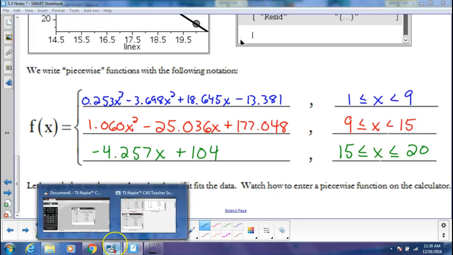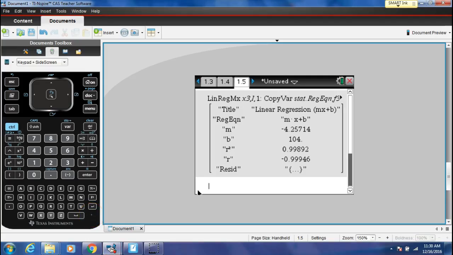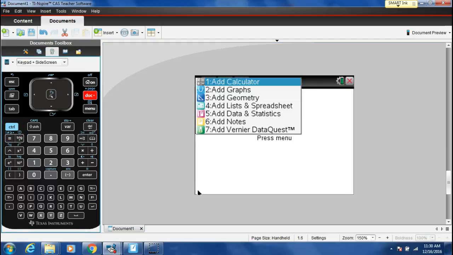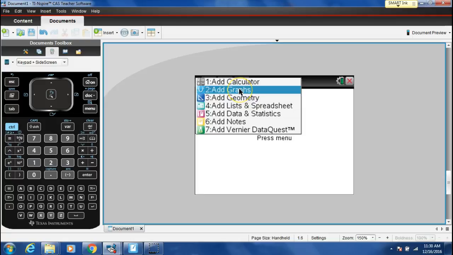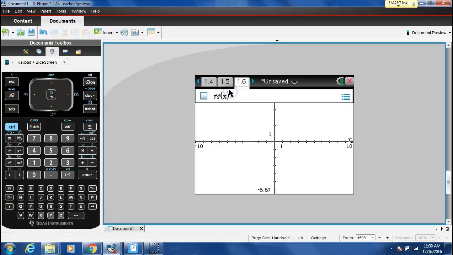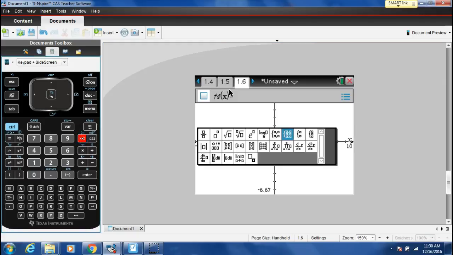Now, let's test it out on our calculator. Because we've got it all in there, we're going to create a new page, but this new page is going to be a graph. Because now we're going to graph our piecewise function. In order to graph a piecewise function, you have to go to this button right there.